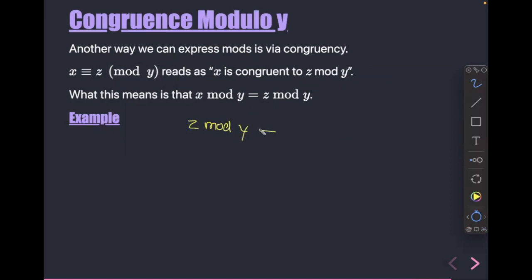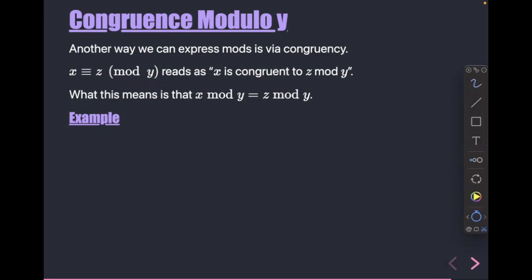This is not the same as the mod y. I mean, it is, but it isn't. And I'll talk about how they mean different things. When you have these parentheses around it, all of the numbers we're talking about are going to be modded by y, basically they're all in that kind of universe.